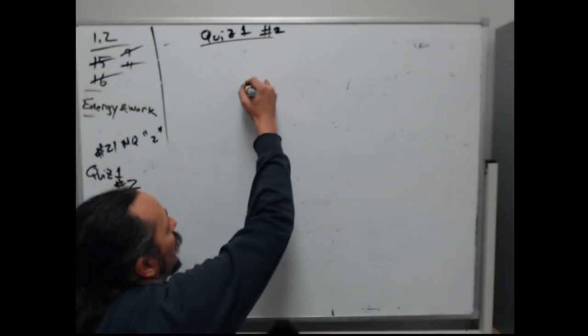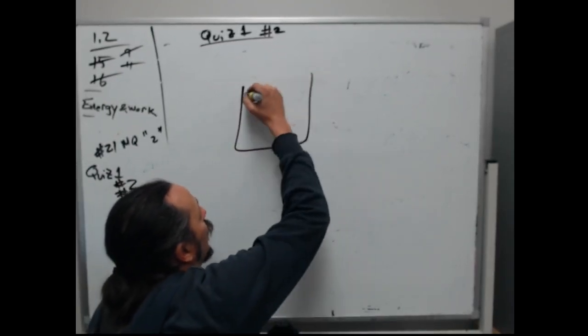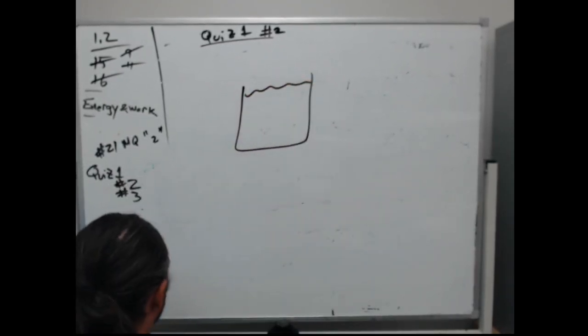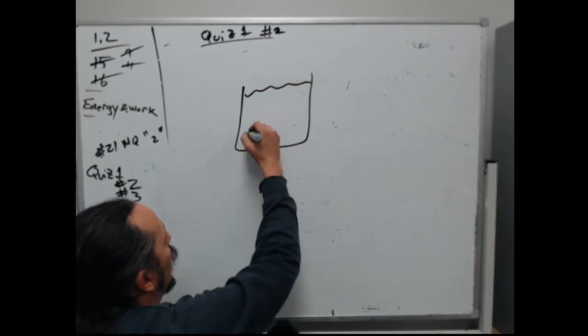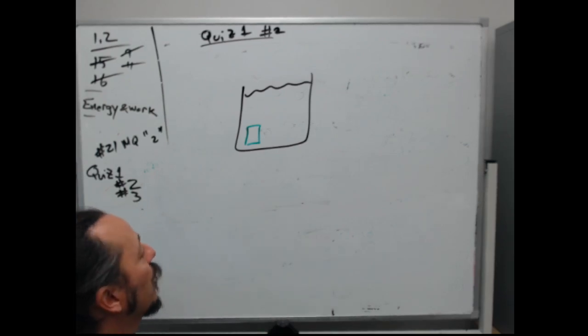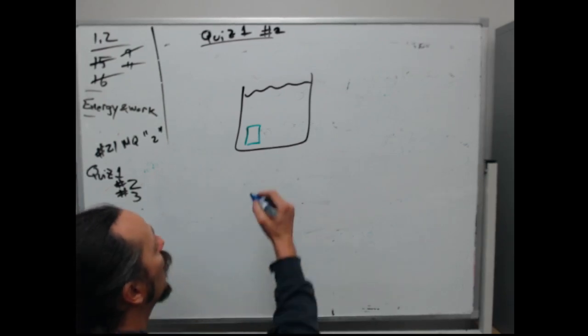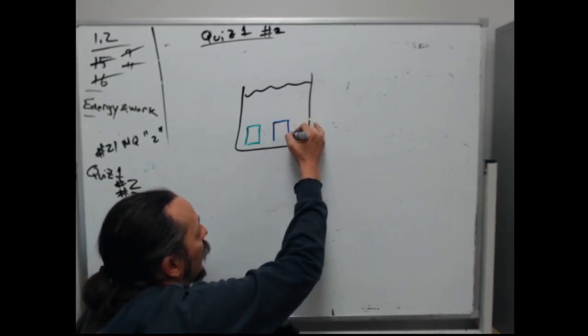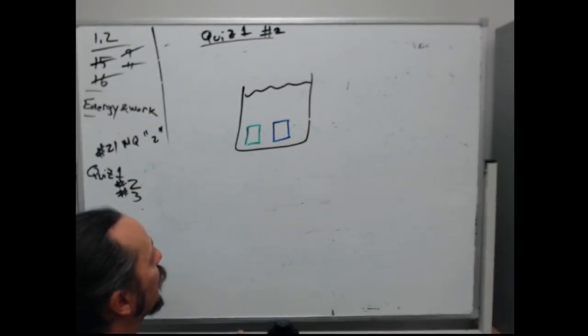I'm going to have a beaker with water, and 2 chunks of metal in it, a green chunk of metal and a blue chunk of metal. And for our purposes, the metals are the same mass.